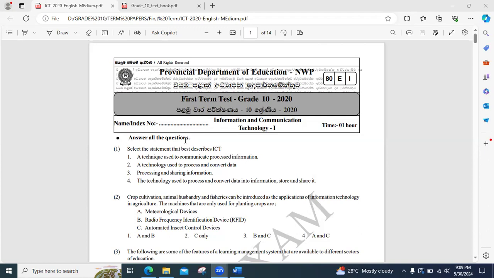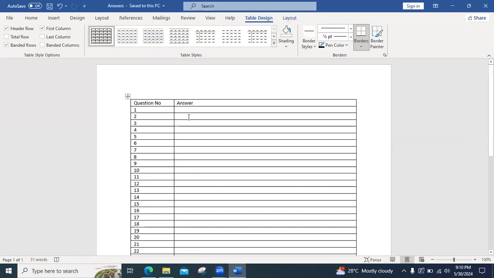So the technology used to process and convert data into information and store and share it. So the most suitable answer is the fourth one, because when you input data in the computer and you process it, you get the information, and you can store it and you can share it. So the first question, the answer is fourth.